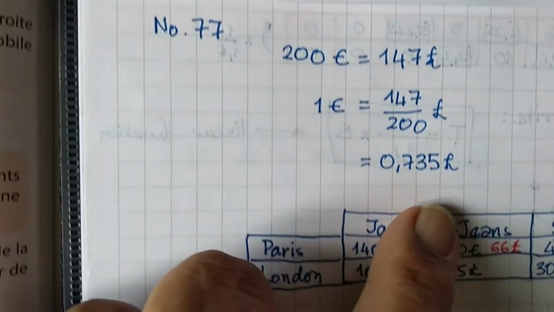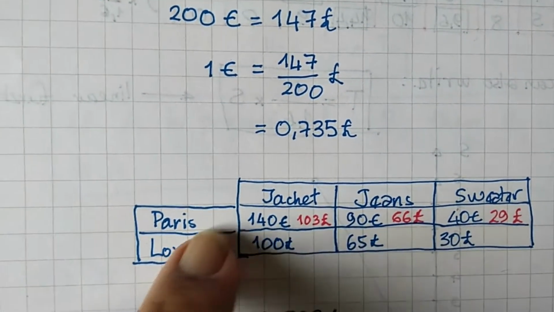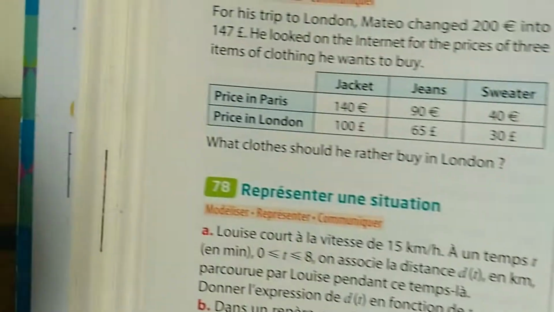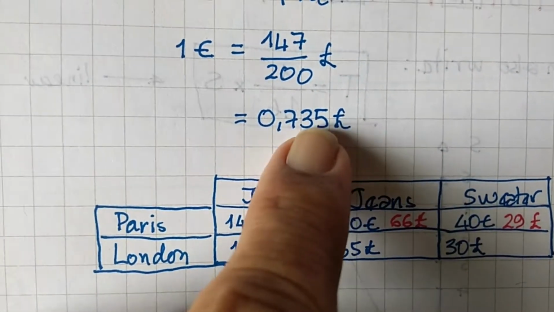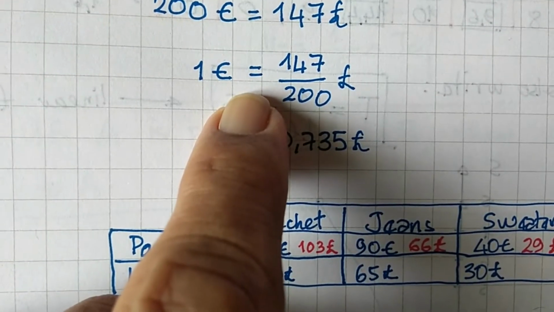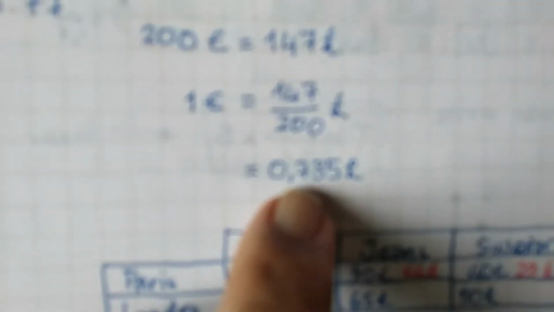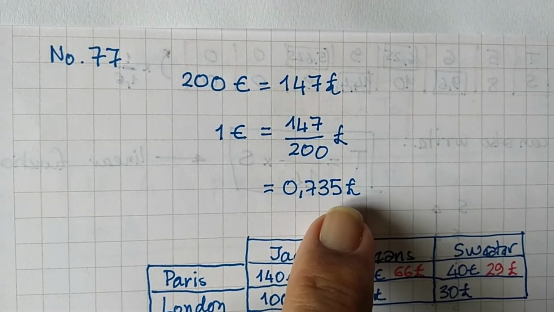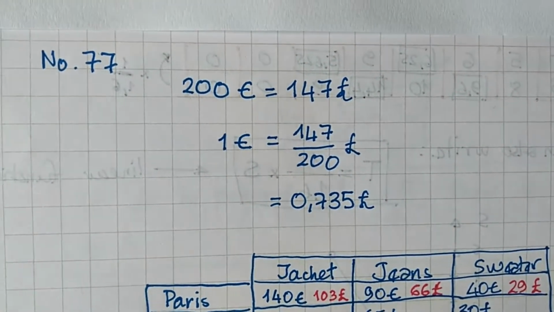Okay. Now I've rewritten the table there. Ignore the numbers in red. This is just a table which was there. I've just copied it. Now what I'm going to do is use this conversion factor. This is a linear function where the price in euros is equal to 0.735 times the price in pounds.